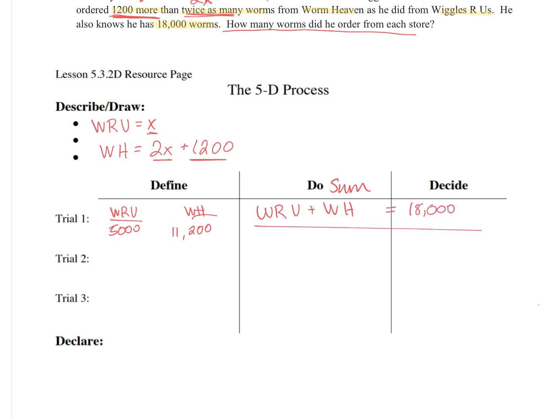In this case we have 5,000 from Wiggles R Us plus 11,200 from Worm Heaven, and that equals 16,200 worms. We're trying to get to 18,000, so that is too small. That means our next guess for Wiggles R Us needs to be bigger than 5,000. So keep working on this process to help you find the answer.